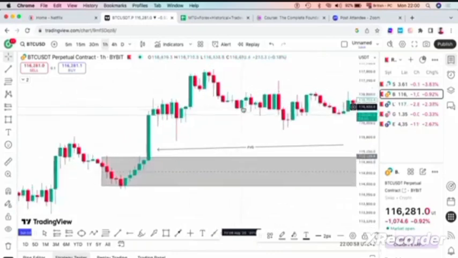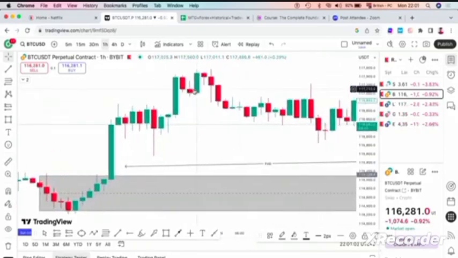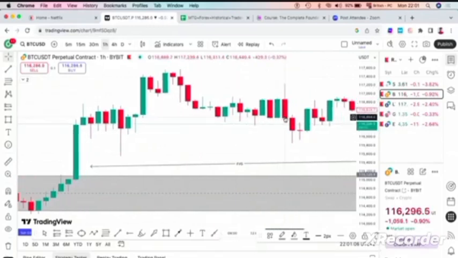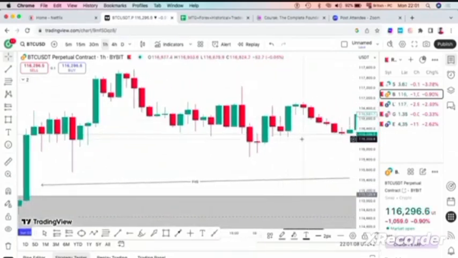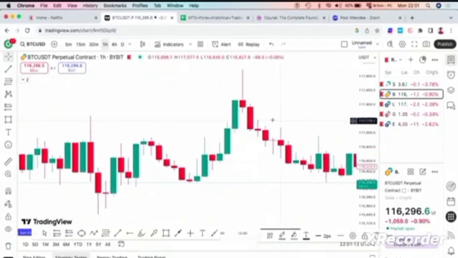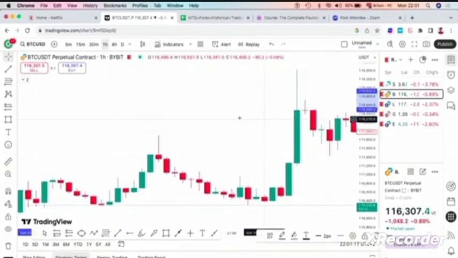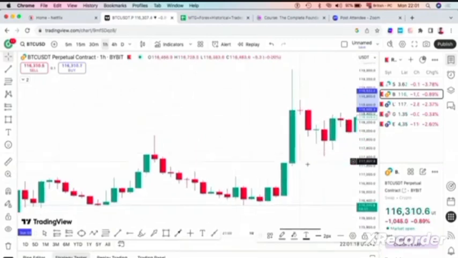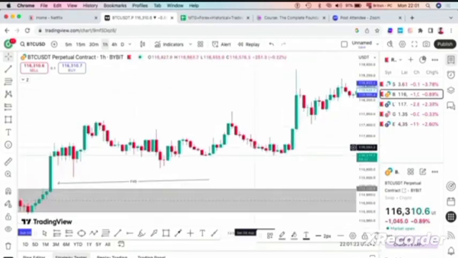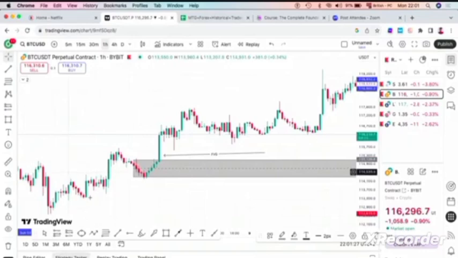Let's see if we can spot a bullish engulfing candle.